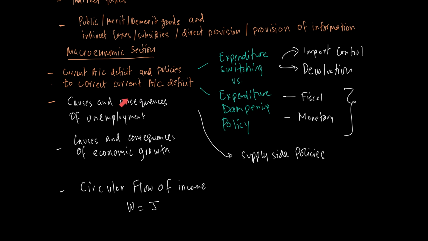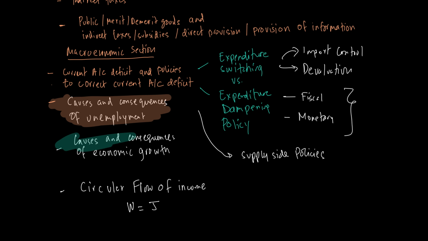Then causes and consequences of unemployment and of economic growth is something I feel strongly about, primarily because this is added in our syllabus, and because in A2 different things will be tested, so this is your examiner's opportunity to test this topic.